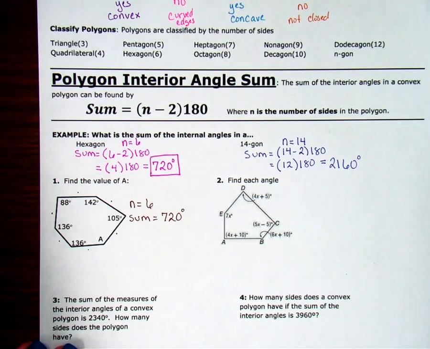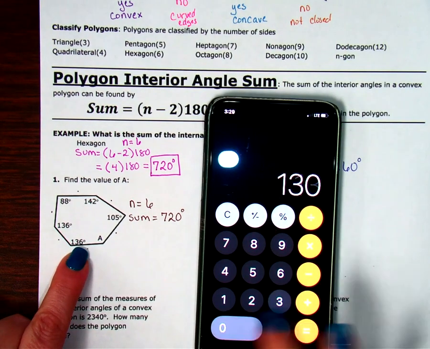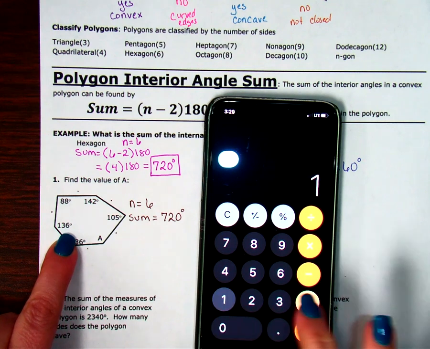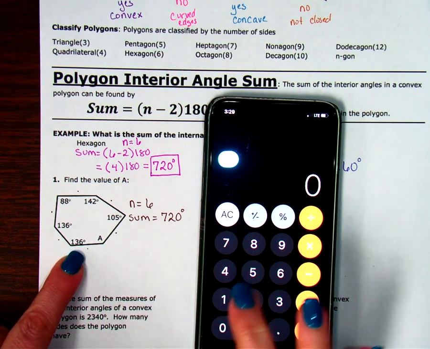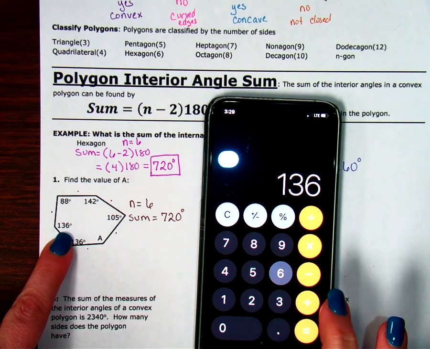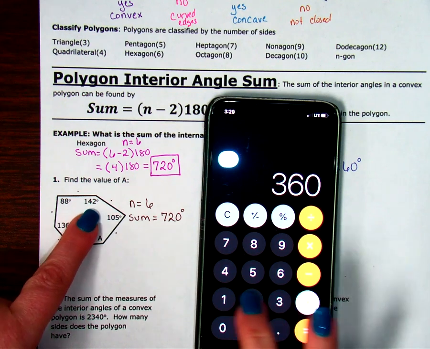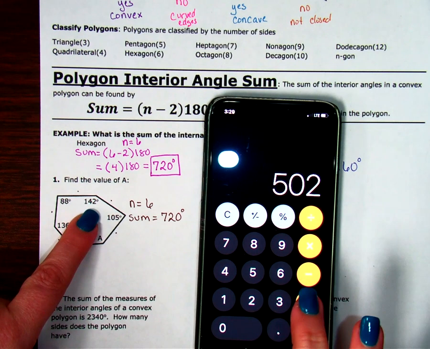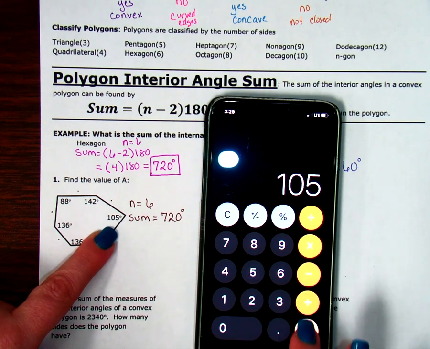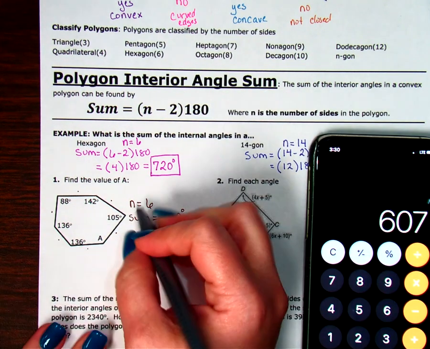Okay, so the next thing I'm going to do is add together these angles that I've already used. So I'm going to add together the 130 plus the 136. Oh, those are both 136. 136 plus 136 plus 88 plus 142 plus 105. So I've already used 607 degrees in this figure.